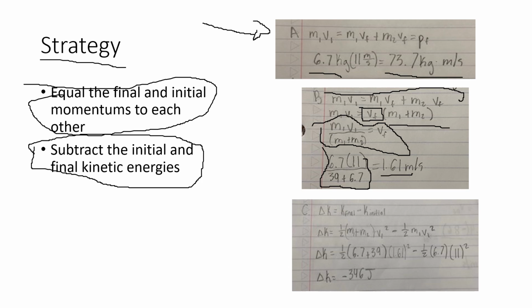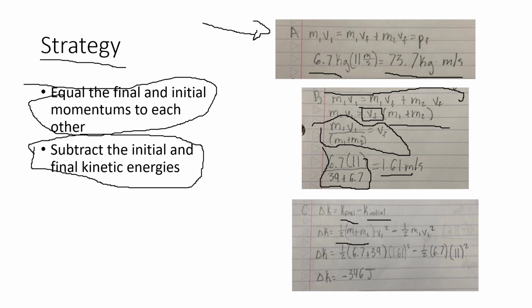So what we can do with this is find the change in kinetic energy. We can take the final kinetic energy minus the initial kinetic energy to get the change in kinetic energy. So we would plug in 1/2 m1 plus m2 vf squared, because kinetic energy is equal to 1/2 mv squared.